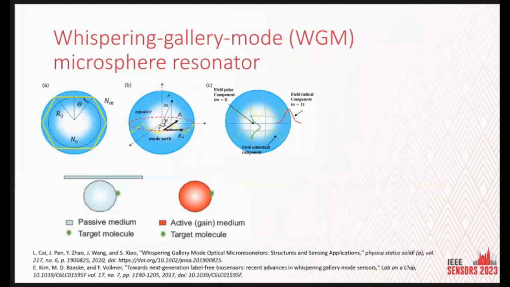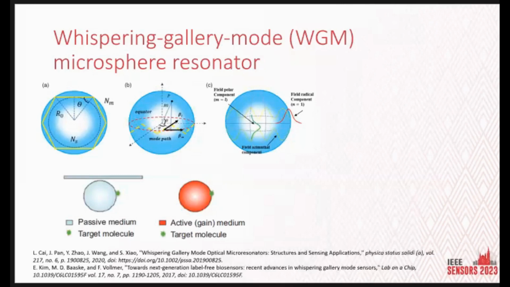Another one is you dope your microsphere with a gain medium. Usually, it's a fluorescent dye. You just use a normal illumination process to shine a light to excite your fluorophore, and the dye inside your sphere will emit light, which starts the total internal reflection generating whispering gallery modes.